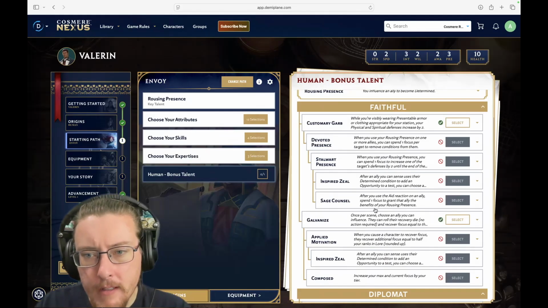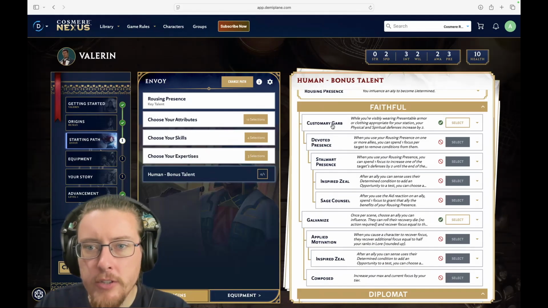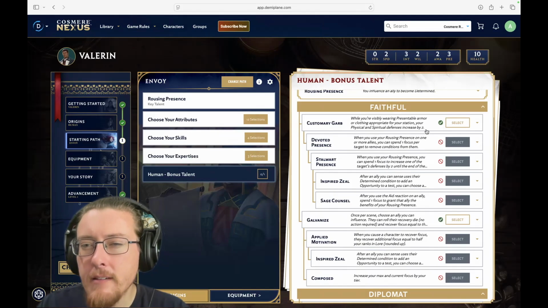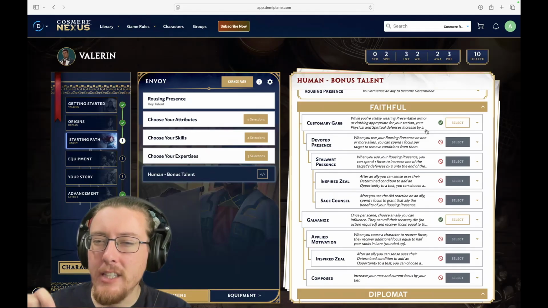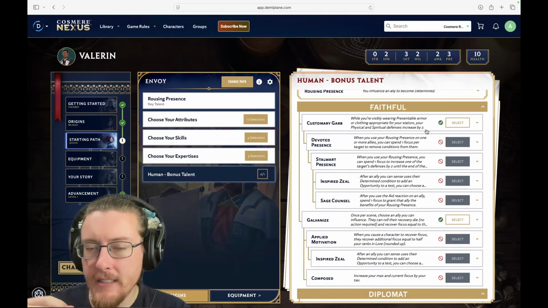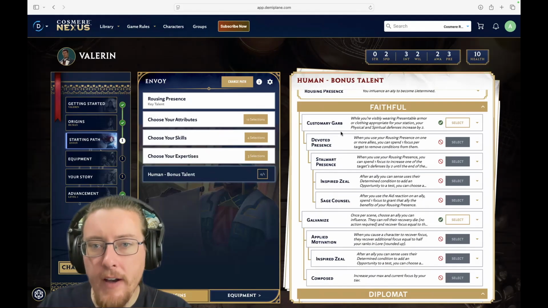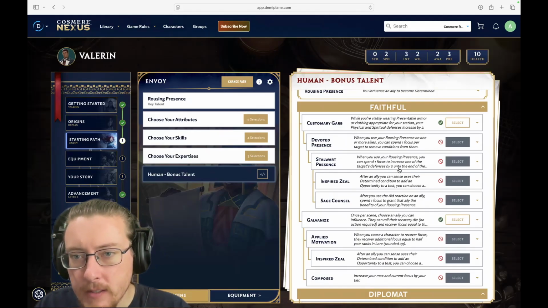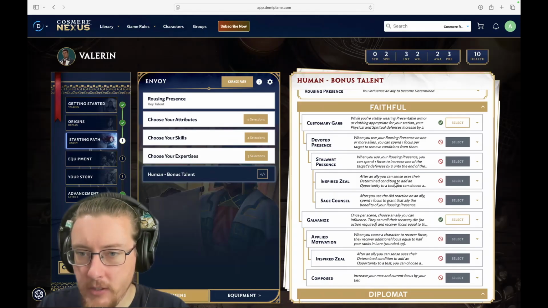So, okay, we could do Customary Garb, which is while you're wearing presentable armor, your physical and spiritual defense is increased by 2. That could be really useful for a character that's not necessarily combat focused, but is aware of their surroundings and is a little worried about being attacked. That makes a lot of sense. And if I went with Customary Garb, later I could spend 1 focus to increase a target's defenses by 2.